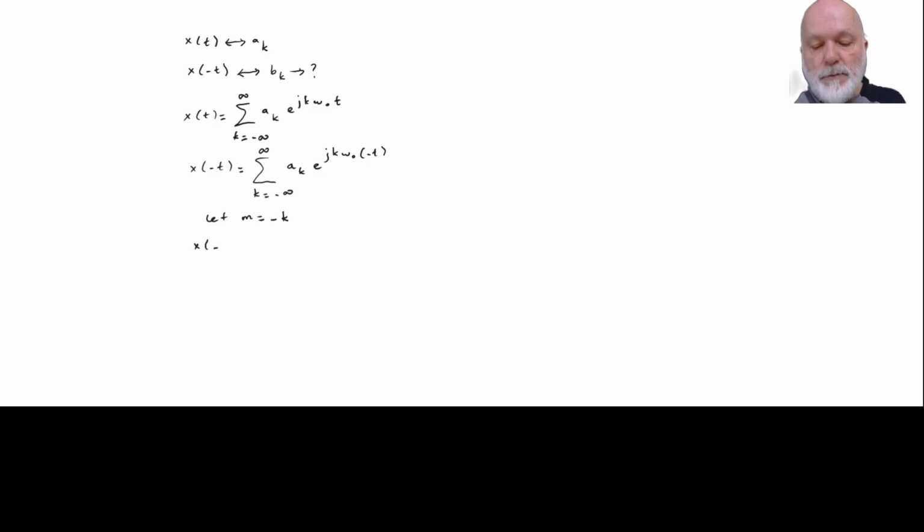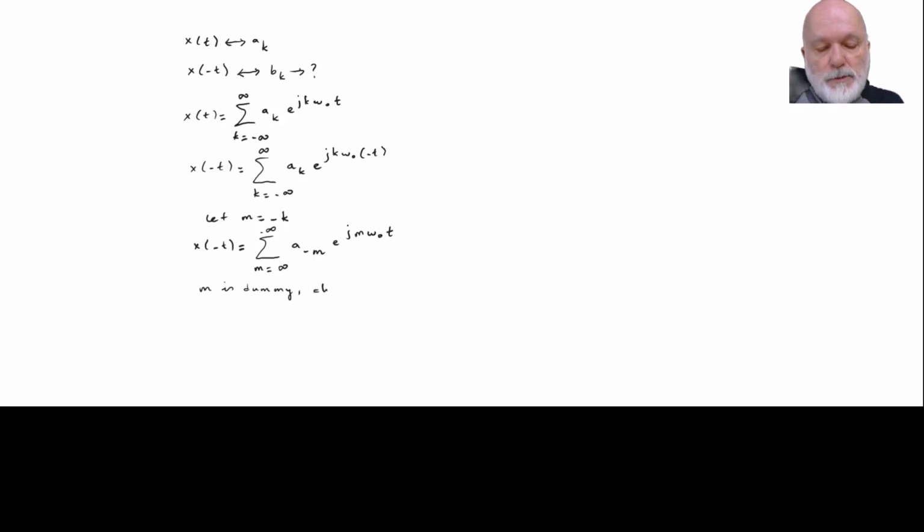So x of minus t is equal to the sum of a minus m e to j m omega 0 t, and m is running from plus infinity to minus infinity, but we can change the order obviously. So again, m is dummy.